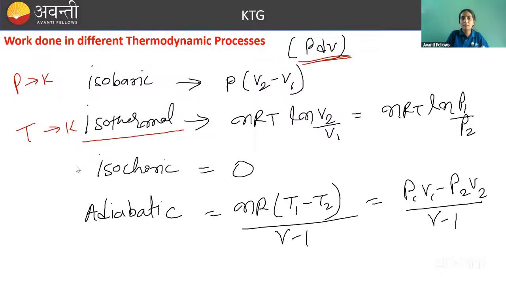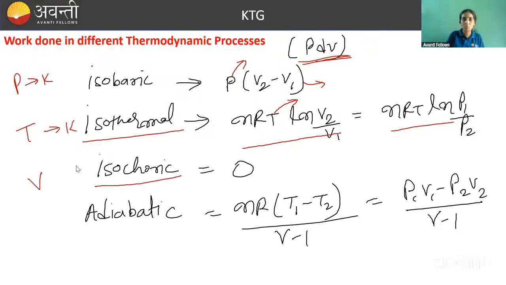Important thing is that whenever volume is given in meter cube or centimeter cube, pressure has to be in Pascal. Always keep things in SI unit. Okay? So SI unit of pressure is what? Pascal. Now, if you look here, nRT, here temperature ko always write in Kelvin while you are calculating this work done thing. That is important.